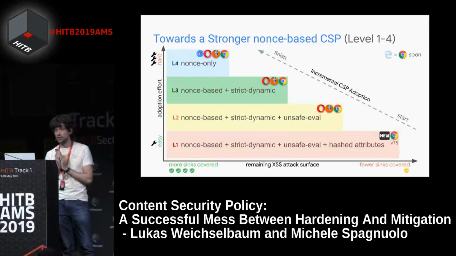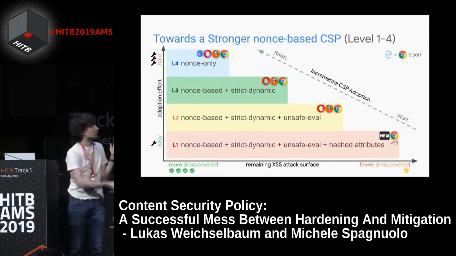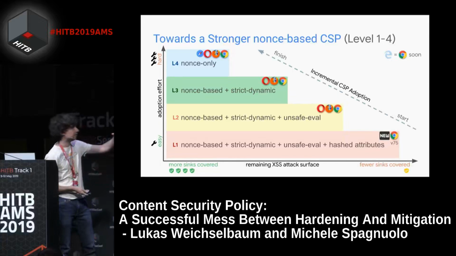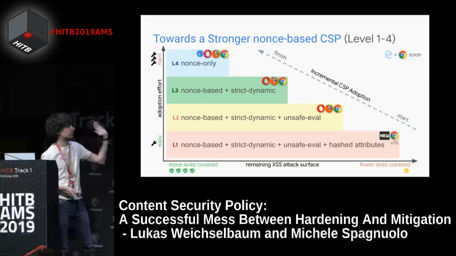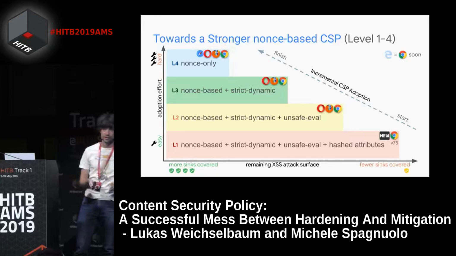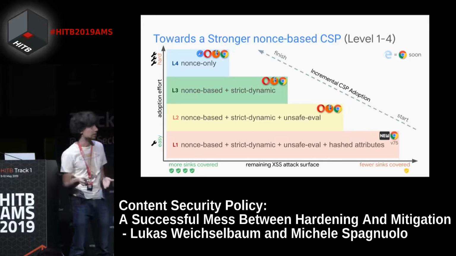And we like to say that there are many ways, you can have different types of CSPs, and they become more and more secure, like towards level 4, but they're also harder to implement because they require more refactoring, okay?